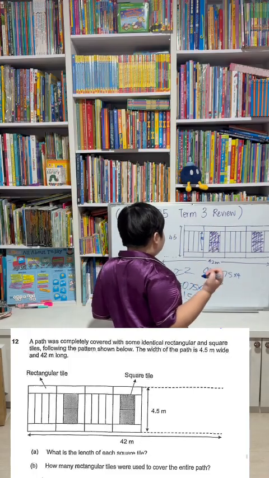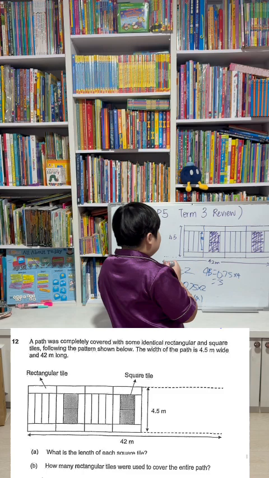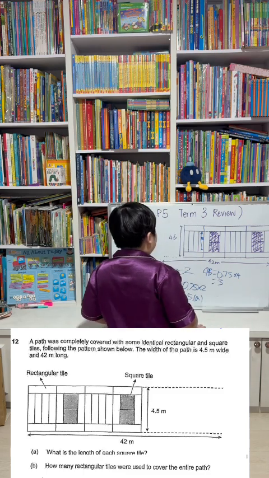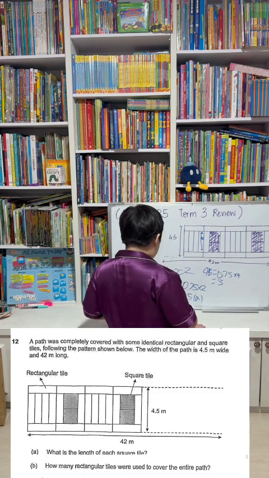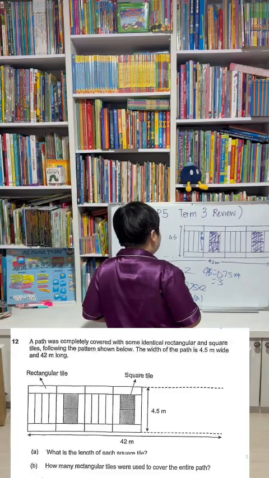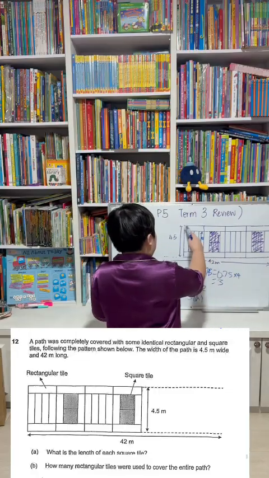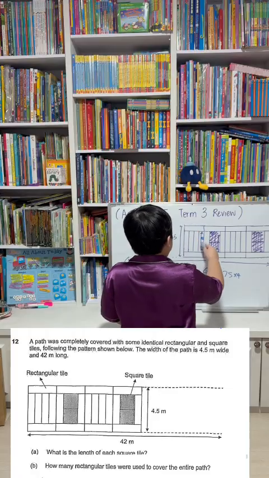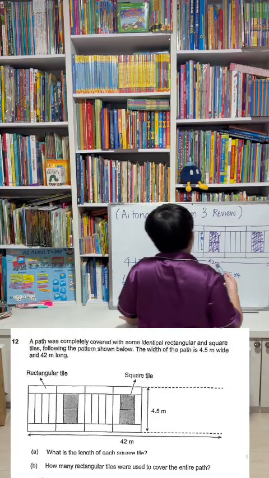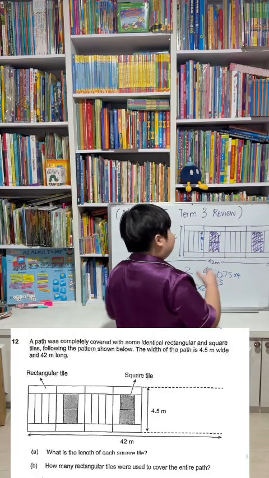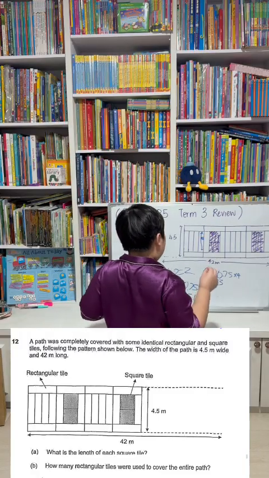Okay, so then since the number of rectangular tiles are different but only every 2 sets, one set is like this, the second set is like this, so then we just make these 2 sets into one big set.